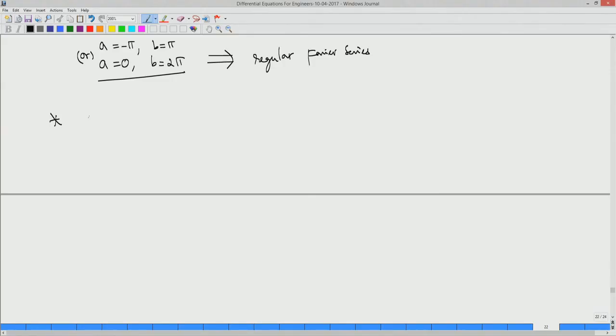Now, let us see the third case, a singular Sturm-Liouville system. I will give you an example of a singular Sturm-Liouville system for which, if you find eigenvalues and eigenfunctions, you can get a Fourier series there as well.